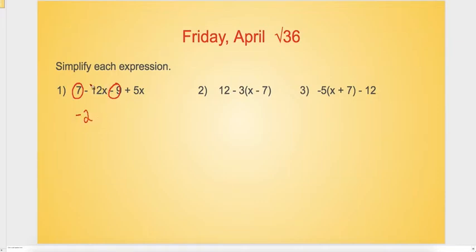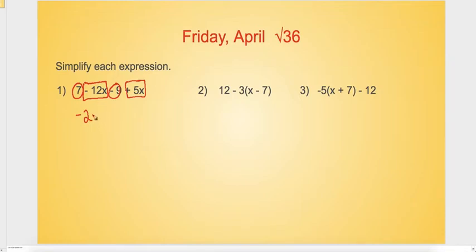Now I have another set of like terms: minus 12x and plus 5x. Because there's a minus sign in front of the 12x, that is negative 12x. So I'm going to say negative 12x plus 5x, and negative 12 plus 5 is negative 7.